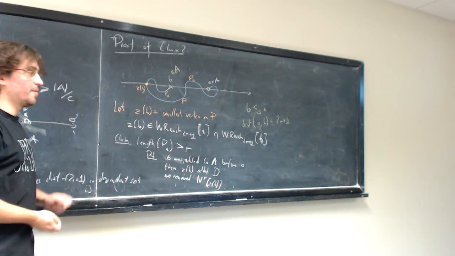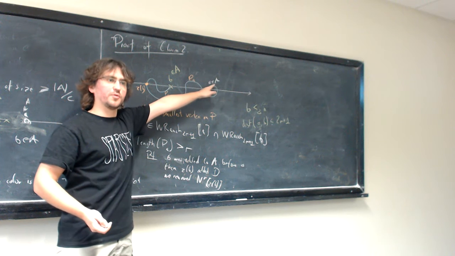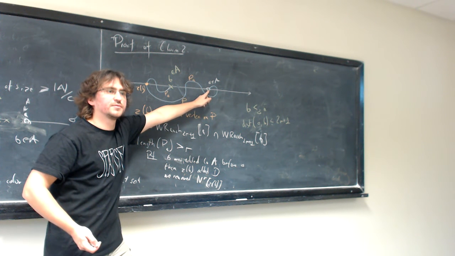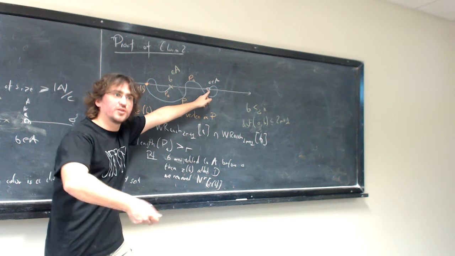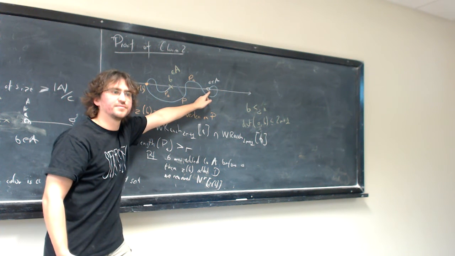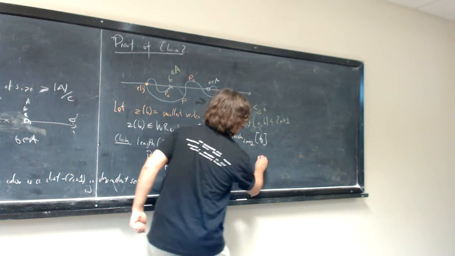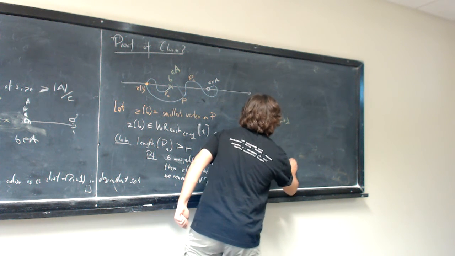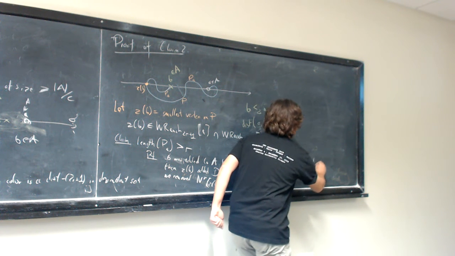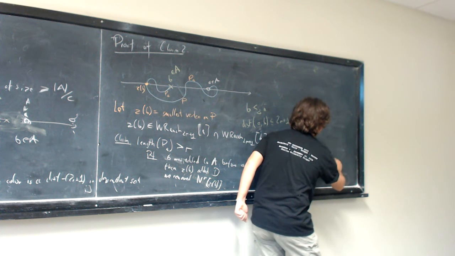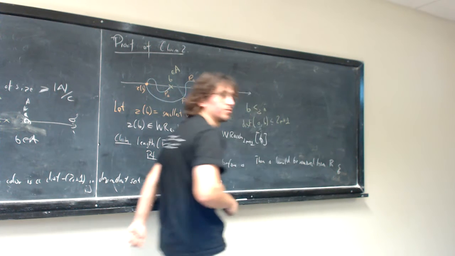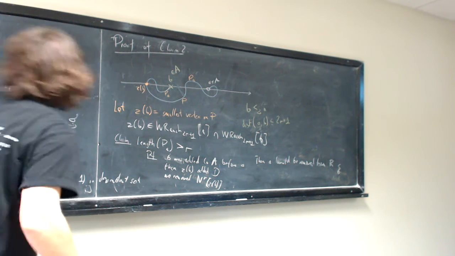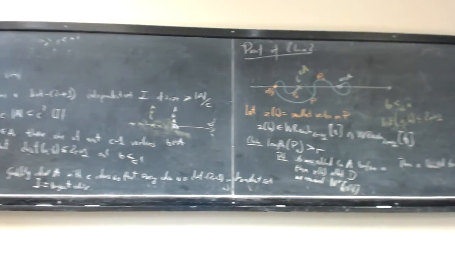But then if this path PA was of length at most r, then when Z of B was added to D, A would be excluded from R. So we could not take it in further iterations to A. So A would be removed from R, and this is a contradiction because then it was added to A. So we already know that the length of this PA is long, which in particular means that the remaining part of the path needs to be short.